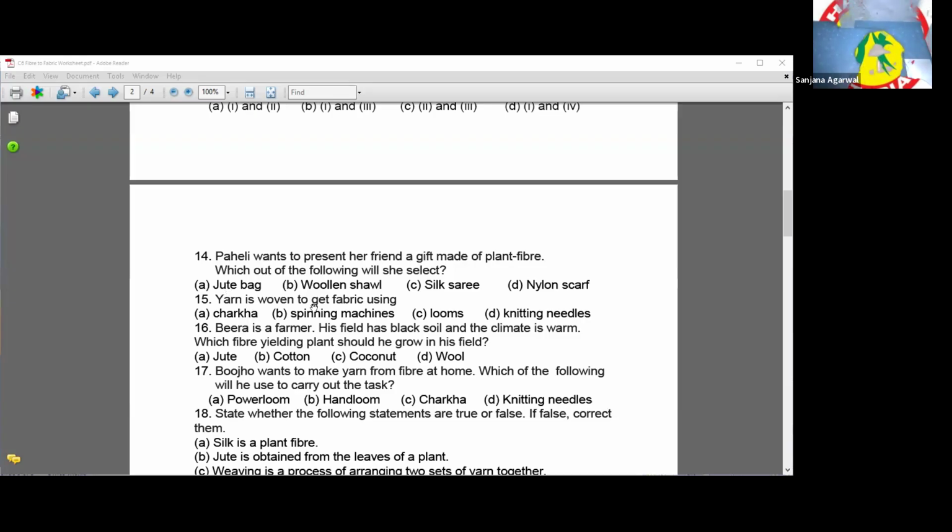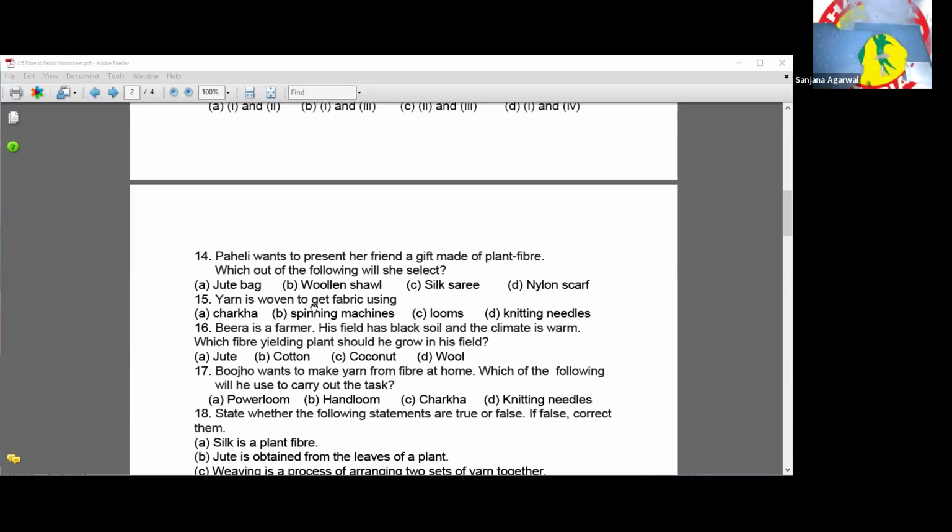Yarn is woven to get fabric using. Yarn is woven to get fabric using spinning machine.